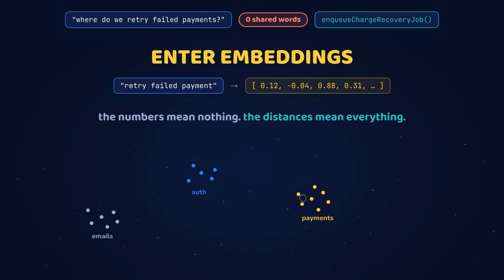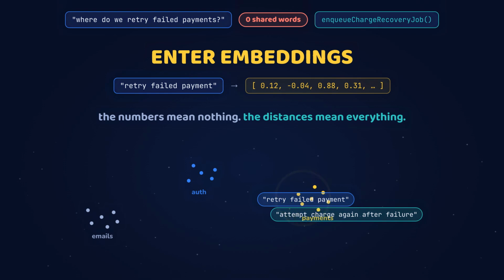The numbers mean nothing to humans. The distances mean everything. Retry failed payment and attempt charge again after a transaction failure land almost on top of each other, because the model has read enough of the world to know they're the same idea in different clothes.